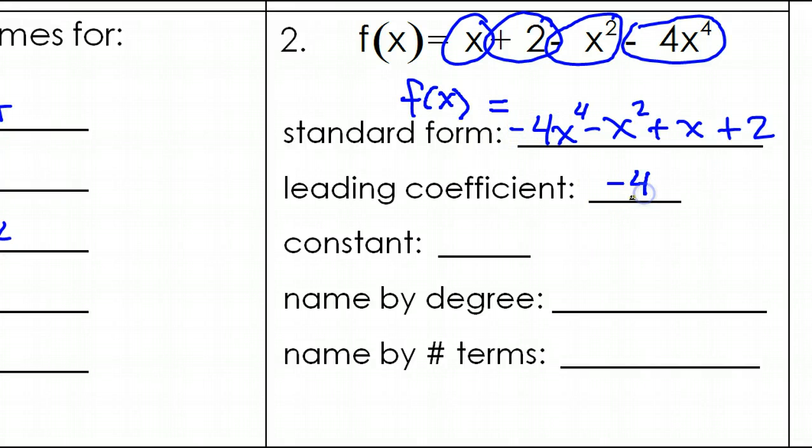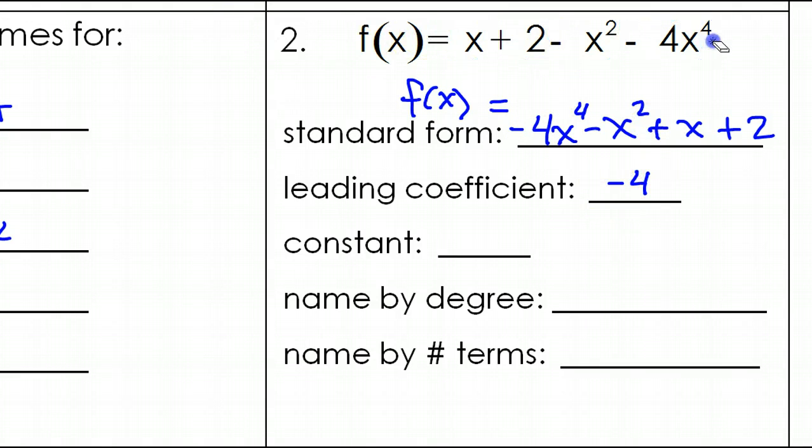So the leading coefficient is negative 4. But even if it's not in standard form, maybe I don't ask you to put it in standard form. If I just give you this function and I say, what's the leading coefficient? Even if it's left like this, the leading coefficient is still negative 4. All right, it's still going to be the coefficient of the term with the highest degree, the highest power.